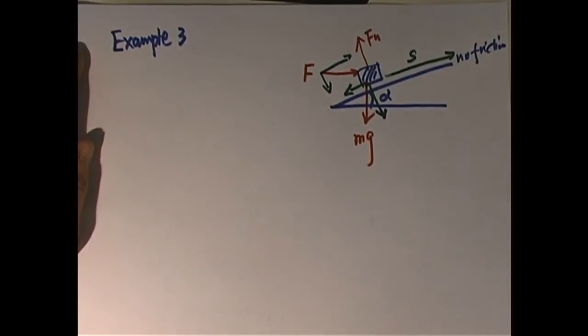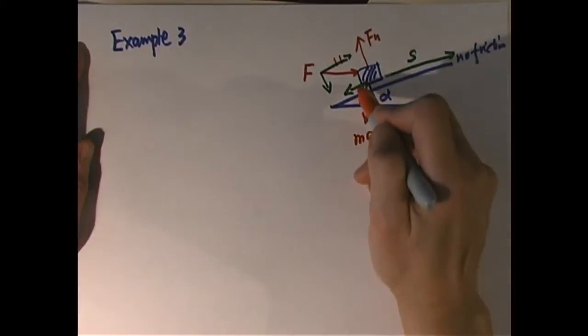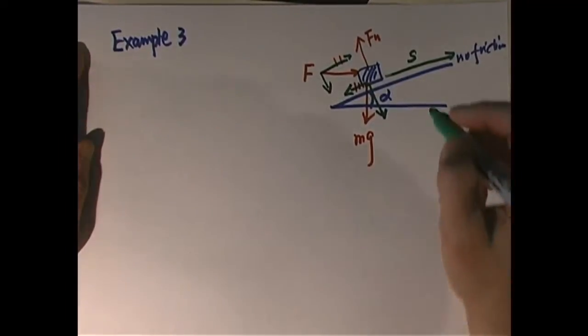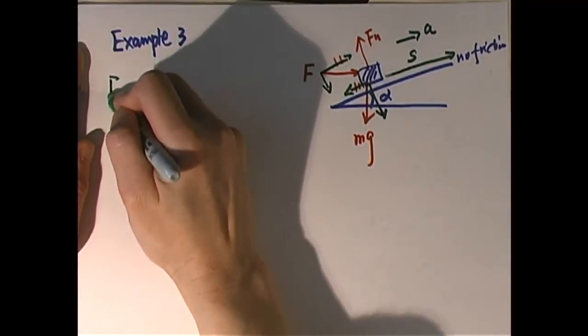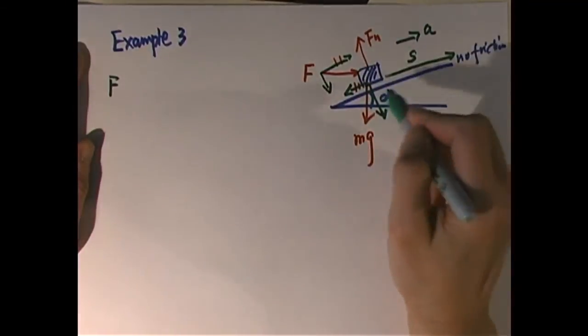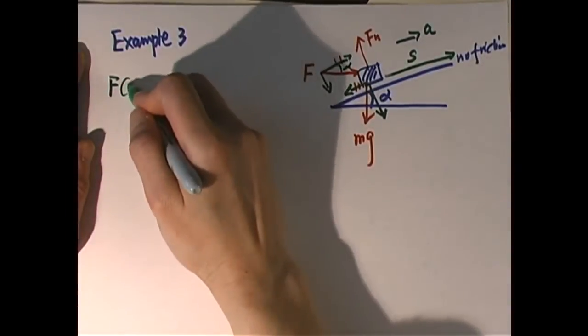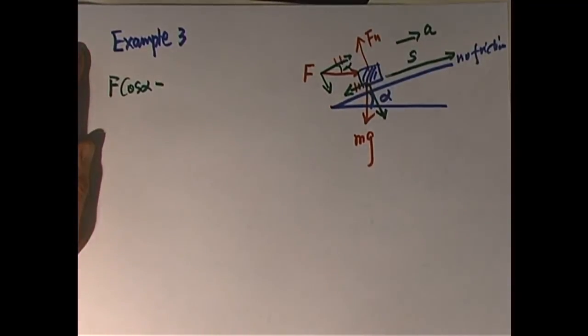Up the slope we have this force, and that is the force against. So we say the acceleration up the hill is caused by this component of F, because this is alpha and this will be alpha. It's caused by F cosine alpha, subtract the gravity's component.